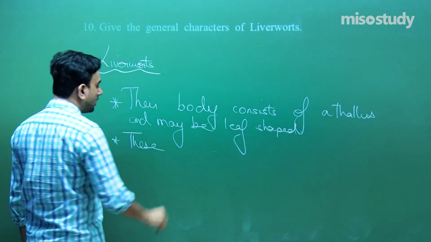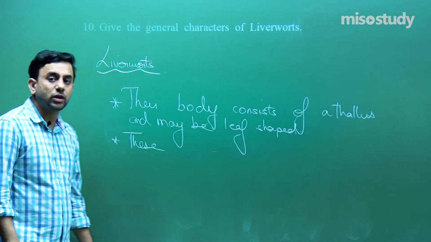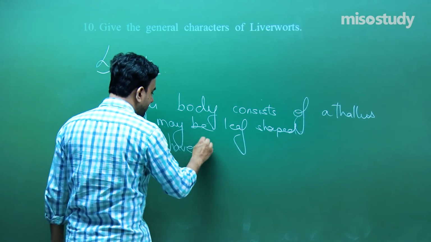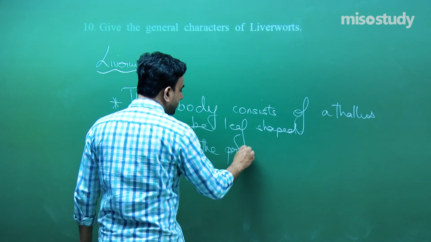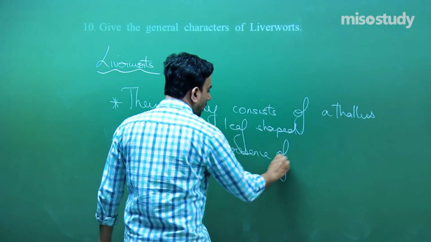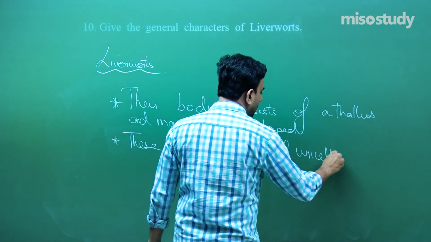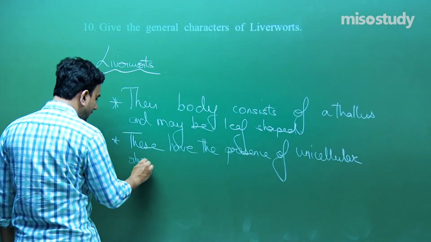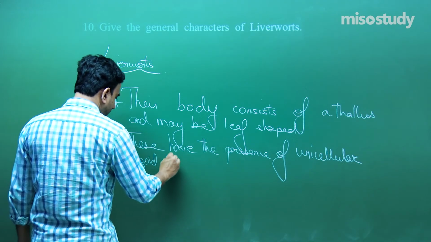These have unicellular rhizoid like root structures.